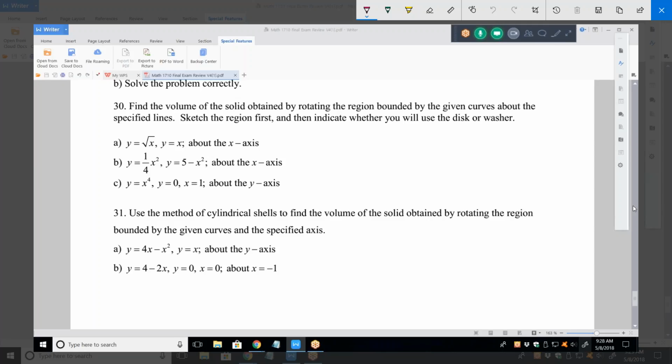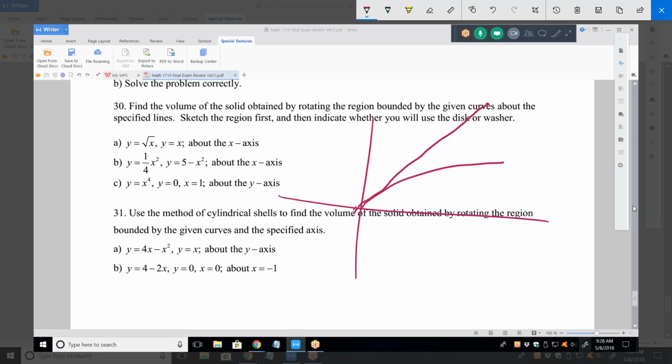Disks are pretty easy. If we look at this function, y equals square root of x, and I'm rotating it. I've also got y equals x in there and the x-axis.